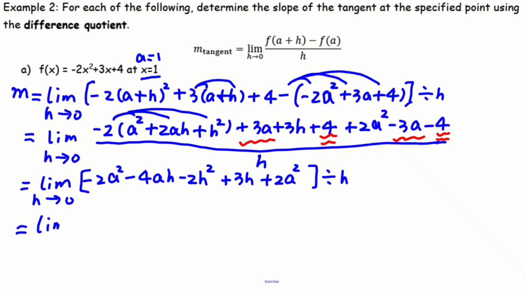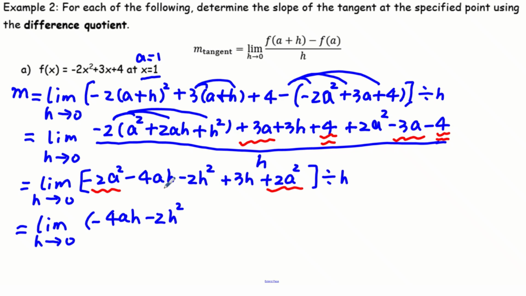So limiting value as h approaches 0, we have collect the like terms, same variable and same degree, a and also the degree squared, they are the same. We call them like terms. So for like terms, we just add the numbers at front. -2 plus 2 give you 0. So we have -4ah minus 2h squared plus 3h.